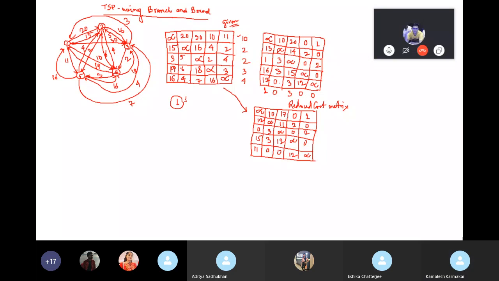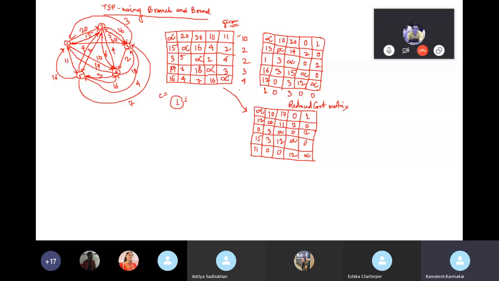If you get this reduced cost matrix, what will be the cost for this one? That cost will be marked here. In this graph and this tree representation, we will mark it by the cost. The cost is how much you have reduced from this matrix.